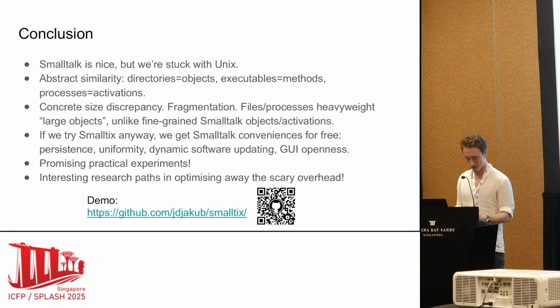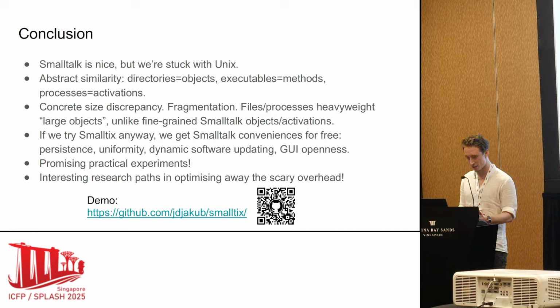So to wrap things up, Smalltalk is very nice, but Unix is what we're stuck with. Unix and Smalltalk look very similar at a high level. Directories resemble objects, executables resemble methods, and processes resemble method activations. Unfortunately, these equivalences are only true in theory and not so much in practice. This is because Unix files and processes are heavyweight.